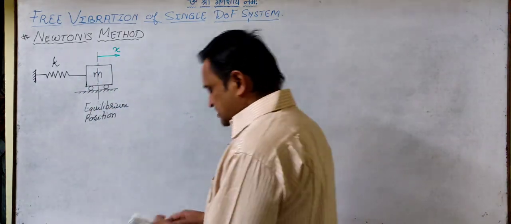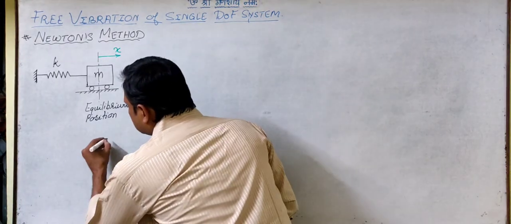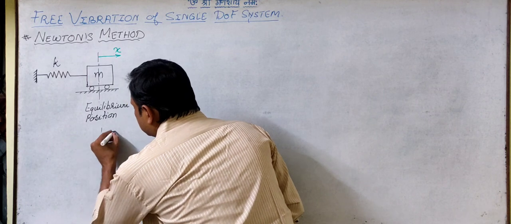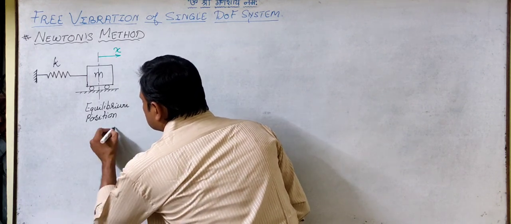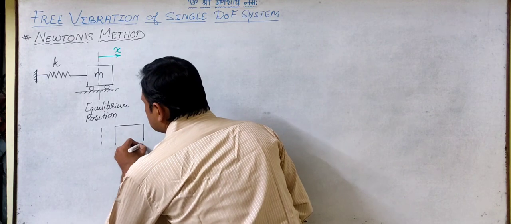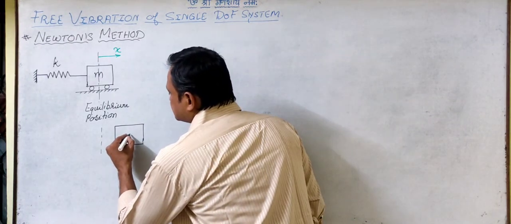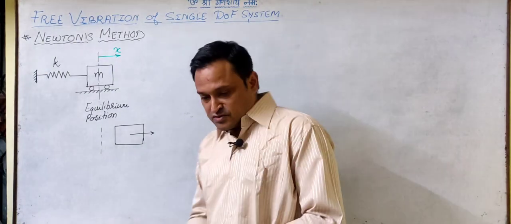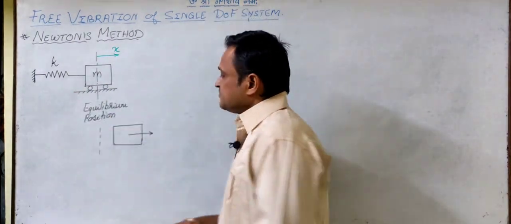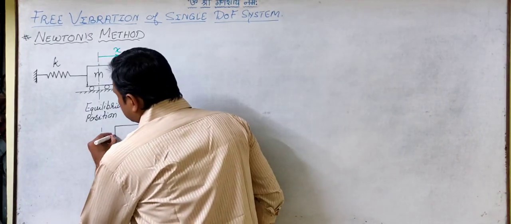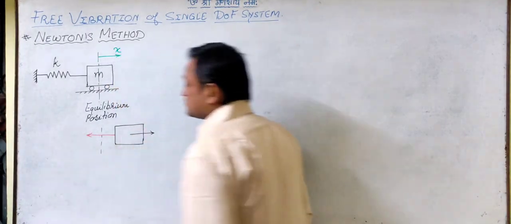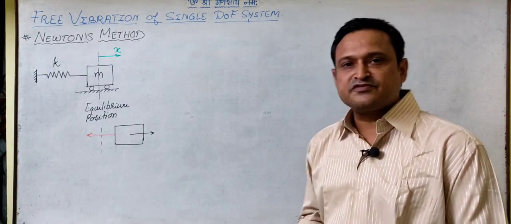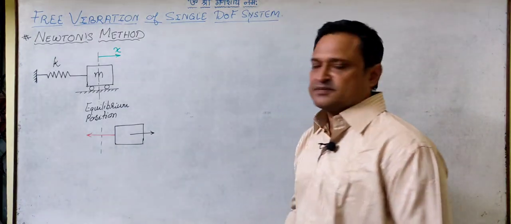So if we see the free body diagram, when it is moved in the x direction, this spring is going to pull it back to its equilibrium position.